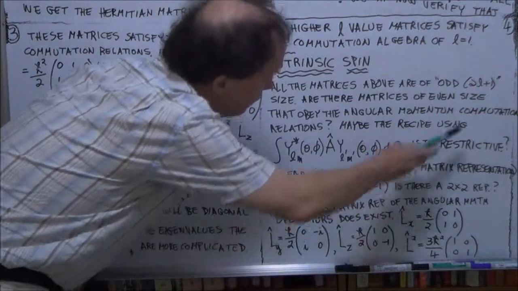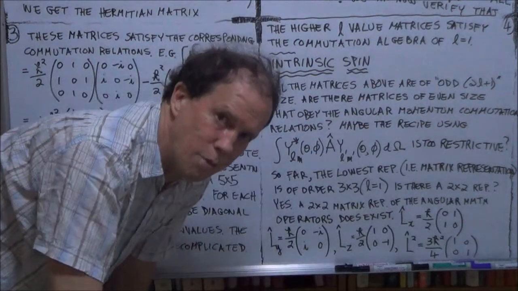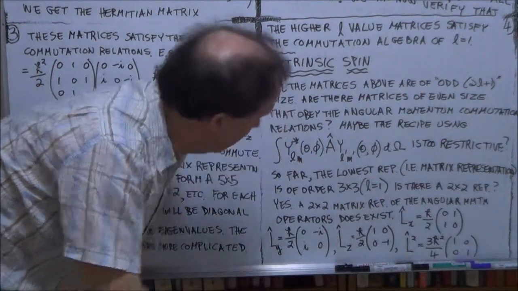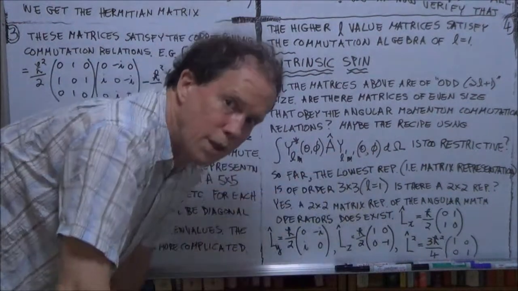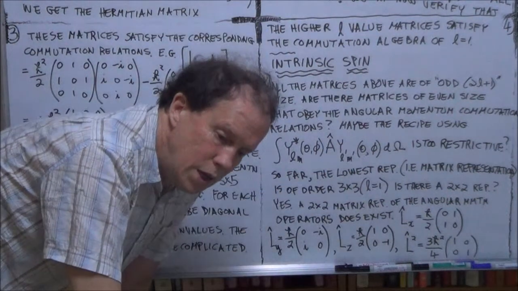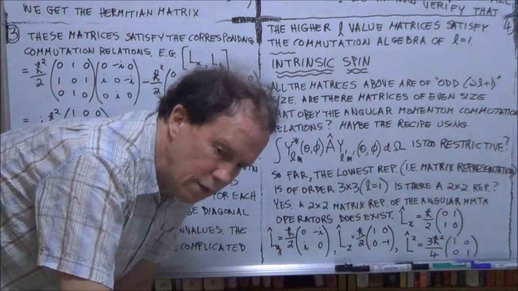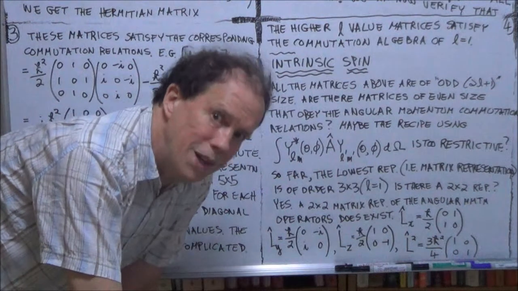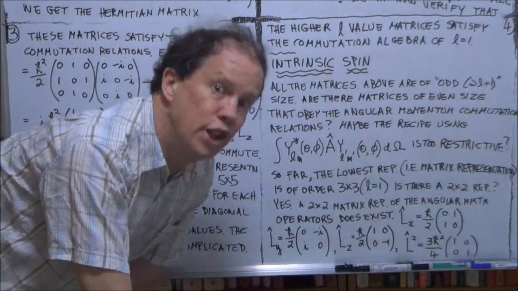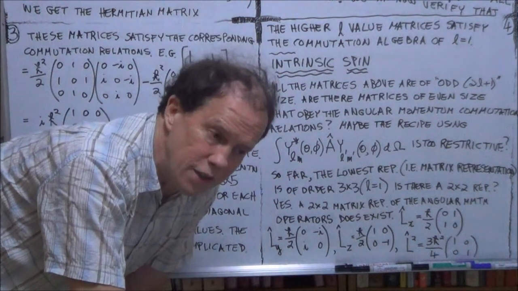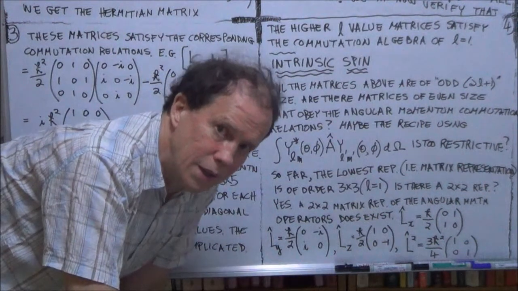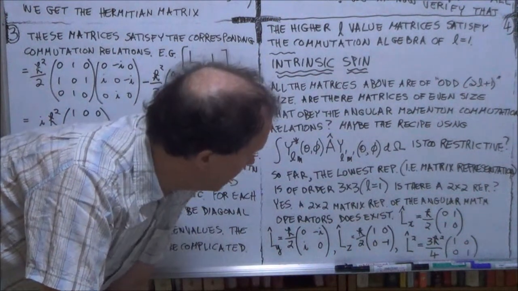It's giving us these odd matrix representations. So if we use some other way, can we find matrix representations where the matrices are square and of even size, n by n, but n is even? Can that be done?